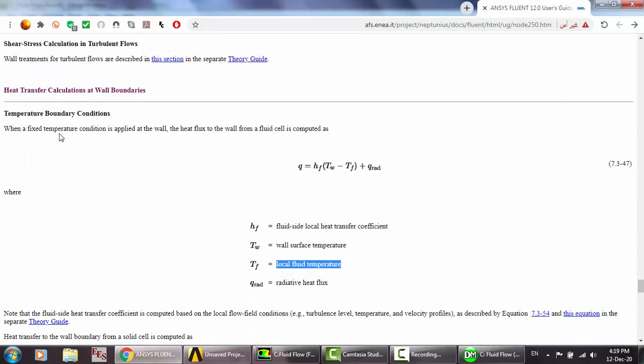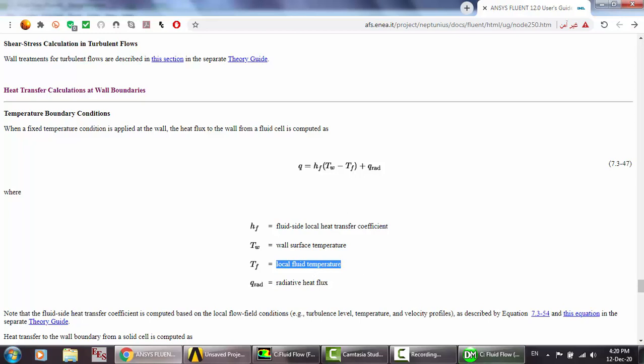So when a fixed temperature condition is applied at the wall, the heat flux to the wall from a fluid cell is computed as Q, and we have HF, the fluid side local heat transfer coefficient for the moving fluid, and we have the wall surface temperature and the local fluid temperature, and we have Q radiative heat flux. Okay, but we're going to focus on this term. The convection here is HF times the wall temperature minus the free stream temperature or the local fluid temperature.